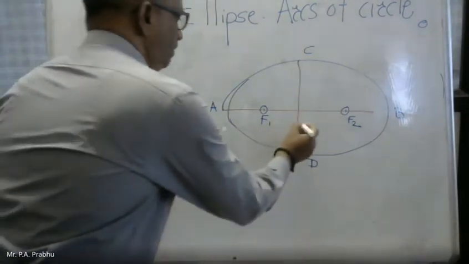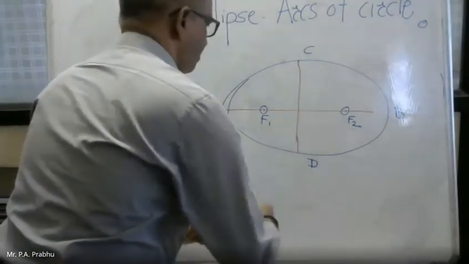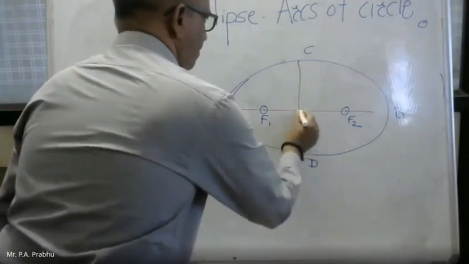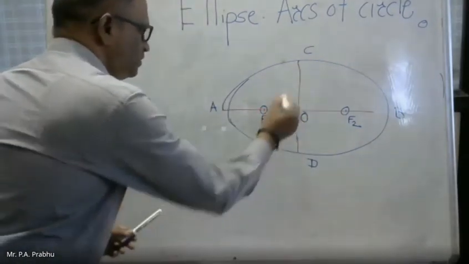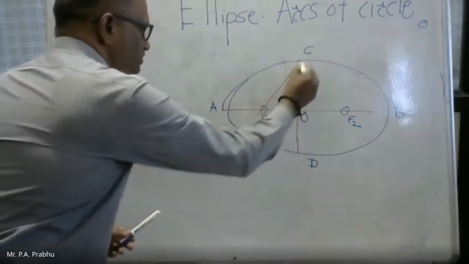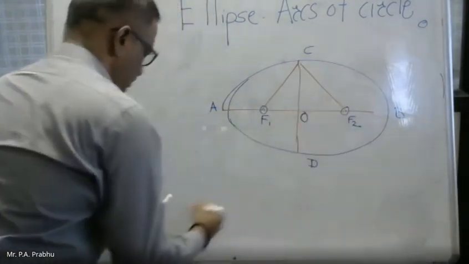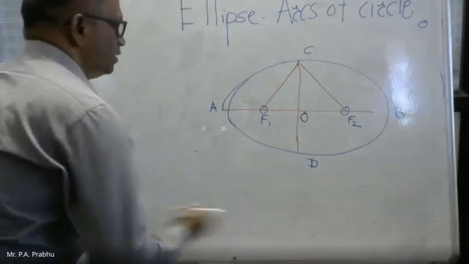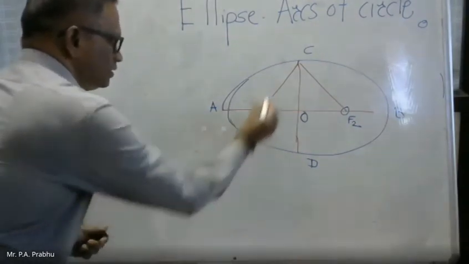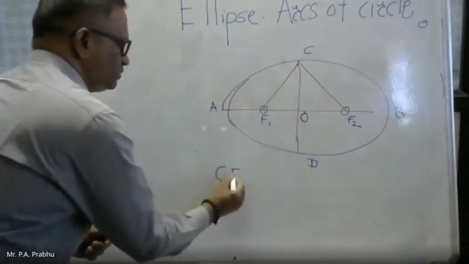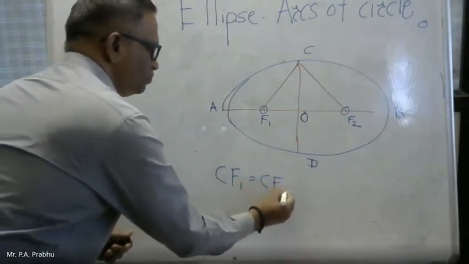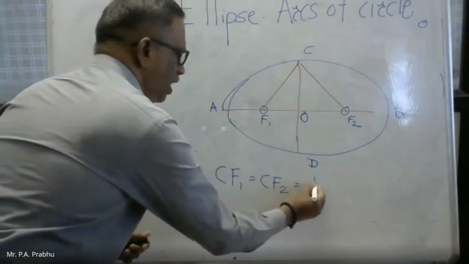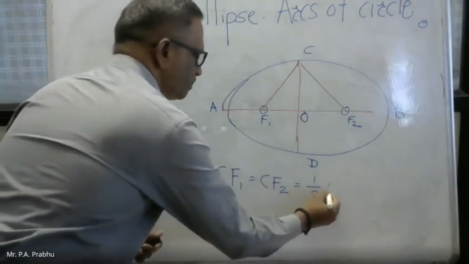Means what? If we join this point C to F1 or F2, CF1 is equal to CF2, is equal to half the major axis.